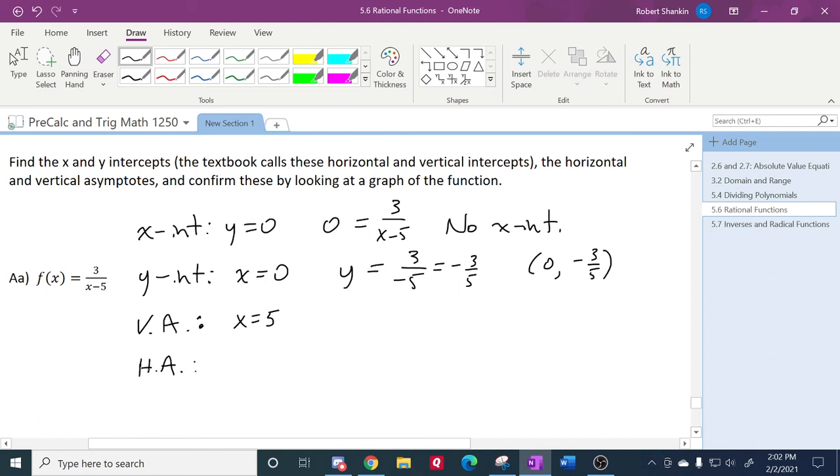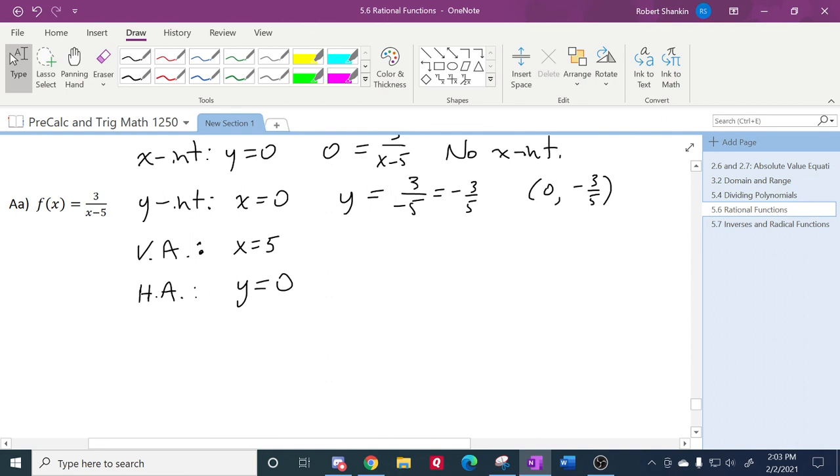I have the question memorized. As the inputs get super large, what happens to the output? Well, you get a fraction. But the top is stuck at 3 while the bottom keeps getting bigger and bigger, driving the whole fraction to 0. Horizontal asymptotes are always y equals. Vertical asymptotes are always x equals. So then, we've got all this information.